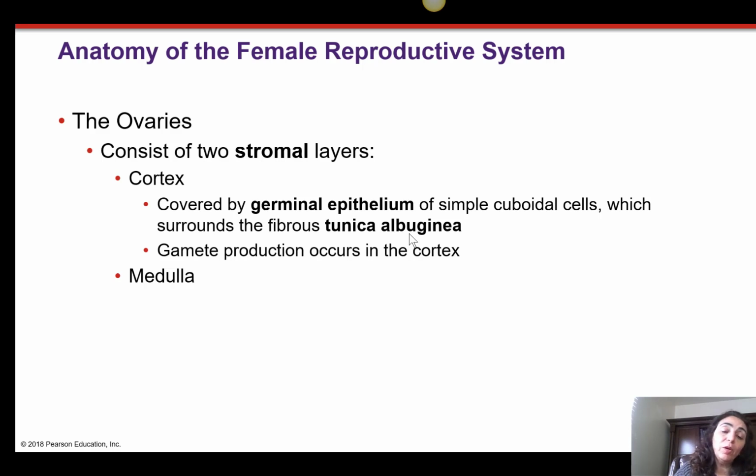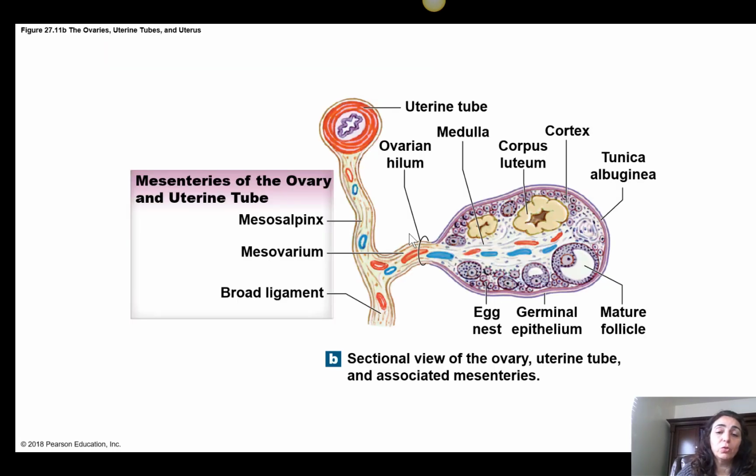We're going to talk about the development of all those follicles, and pay attention that all of it happens in the cortex of the ovaries. Also pay attention that cortex and medulla are both part of the stroma of the ovaries, and we call the parenchyma the main cells that are doing the functions of the ovary.